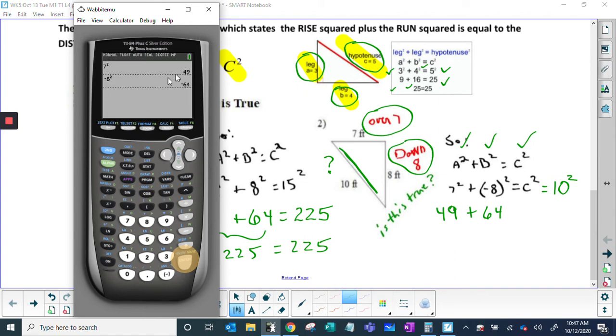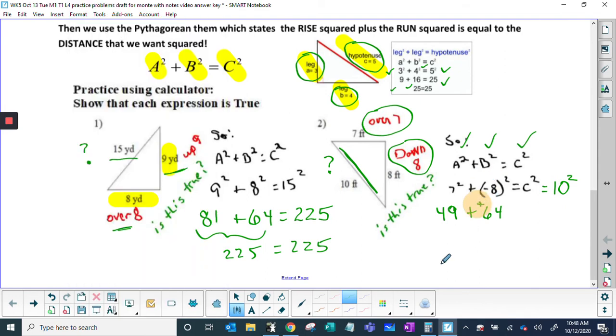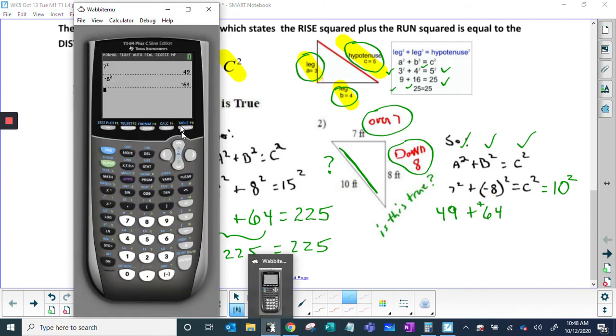Negative times a negative is a positive. Now be careful with this one, okay? Because this calculator may make a mistake. So you've got to go parenthesis -8, close the parenthesis, squared, so that it recognizes the positive 64. I think we all know that 10 times 10 is 100.